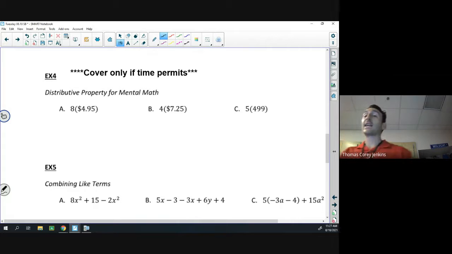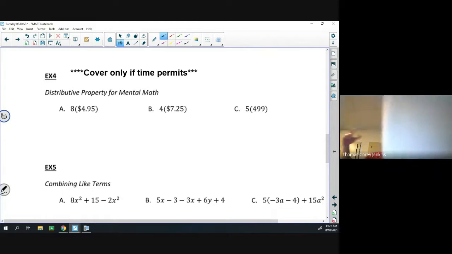So you can use the distributive property to figure out something like 8 times 4.95 in your head. Obviously, we all have cell phones. We could just punch it in real quick if we were buying 8 things for $4.95. But how could you do that in your head?